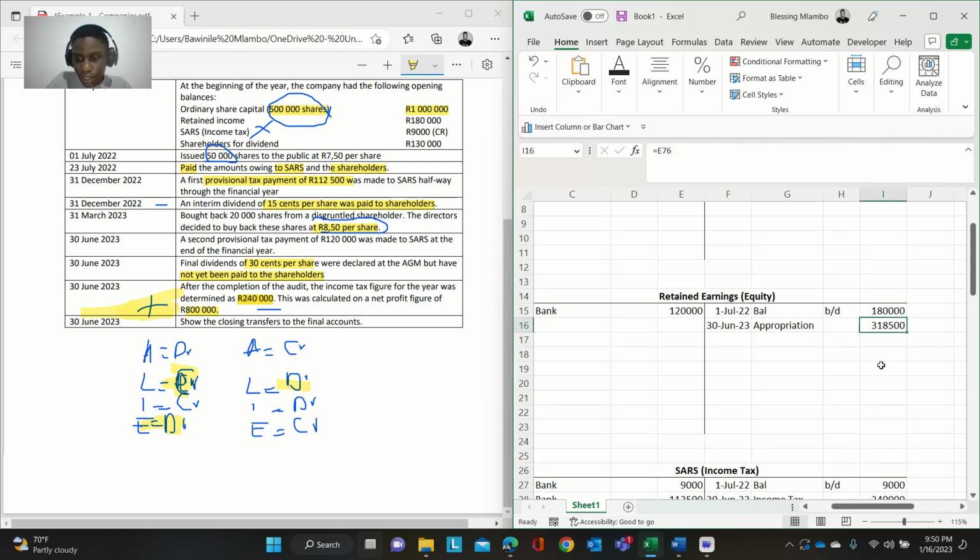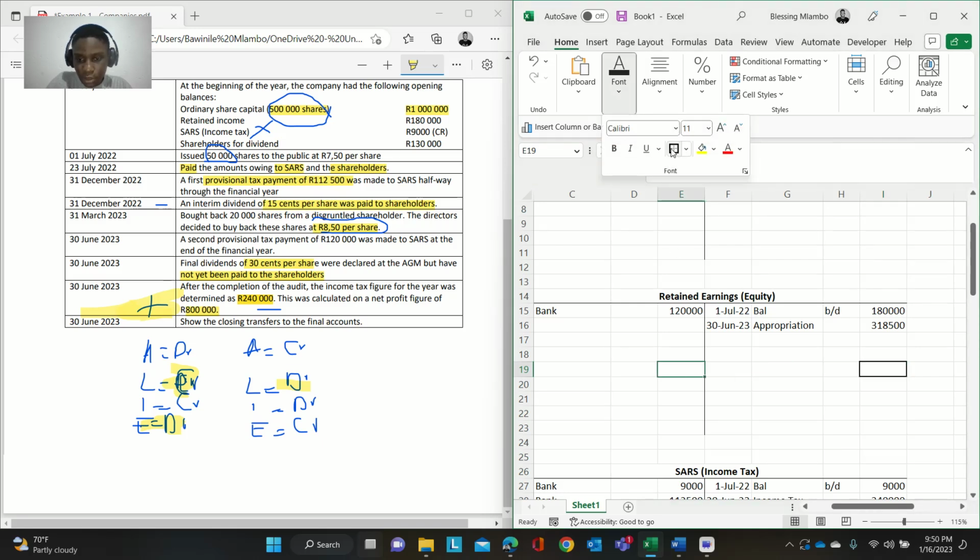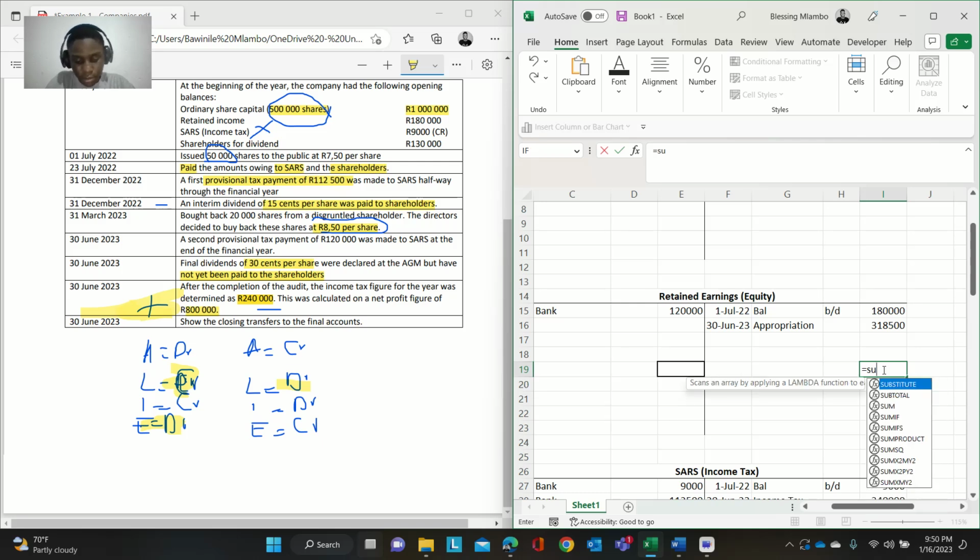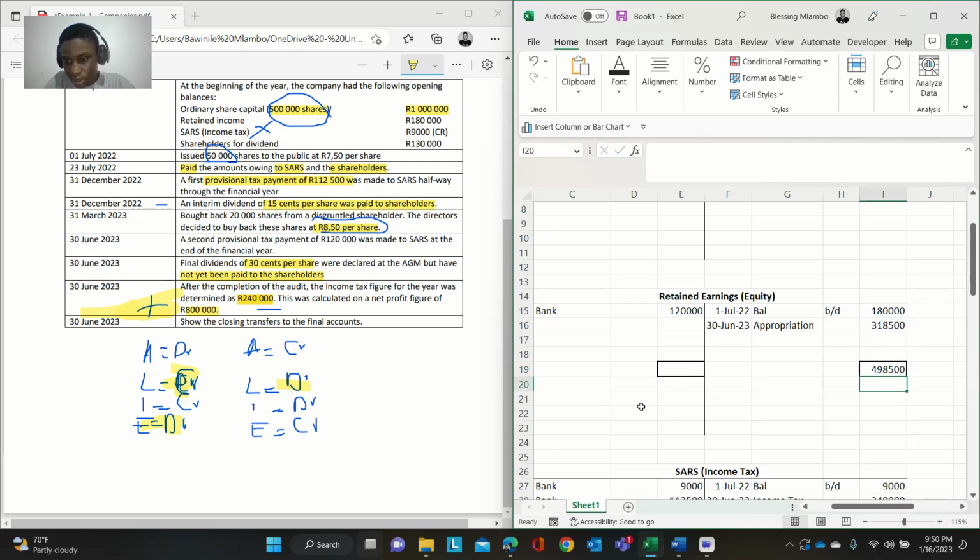Now we can balance this retained earnings account because it must also have a closing and opening balance. So we just sum. This one is going to be the bigger side. Then just sum it, and also sum this one, and I'll take this one, subtract this one, and this is the closing balance.